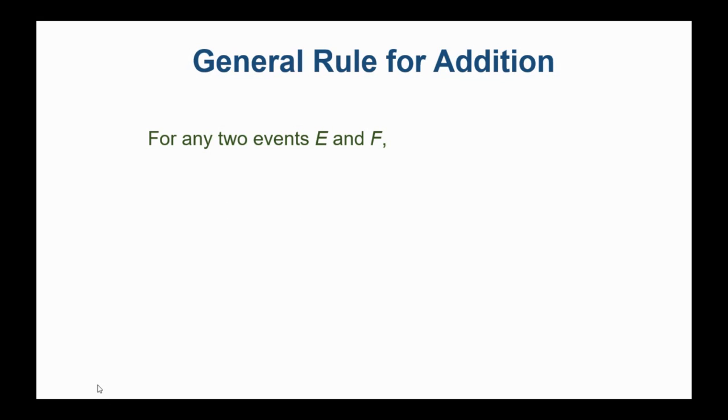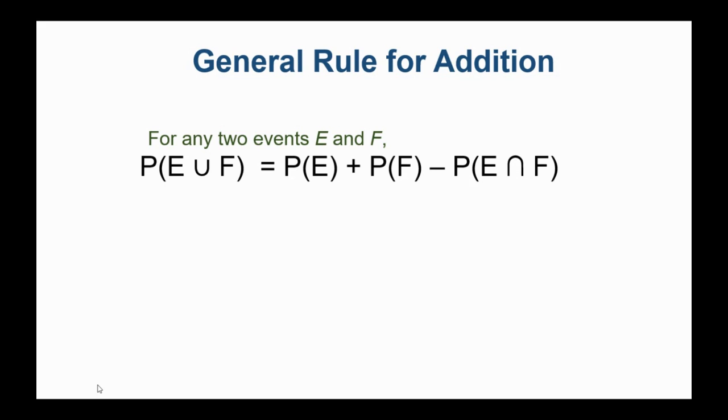Let's say we have any 2 events, E and F. Then the probability that E or F occurs is the sum of their probabilities minus the probability that both occur.